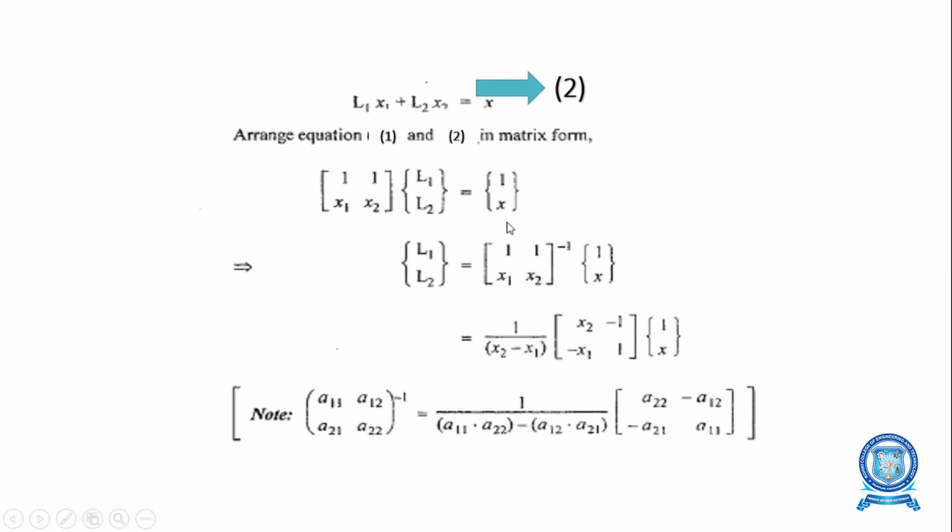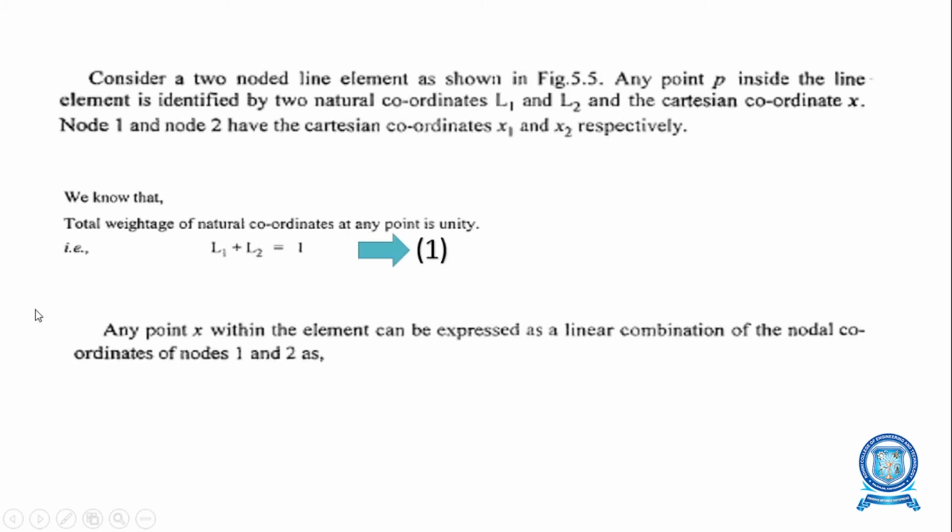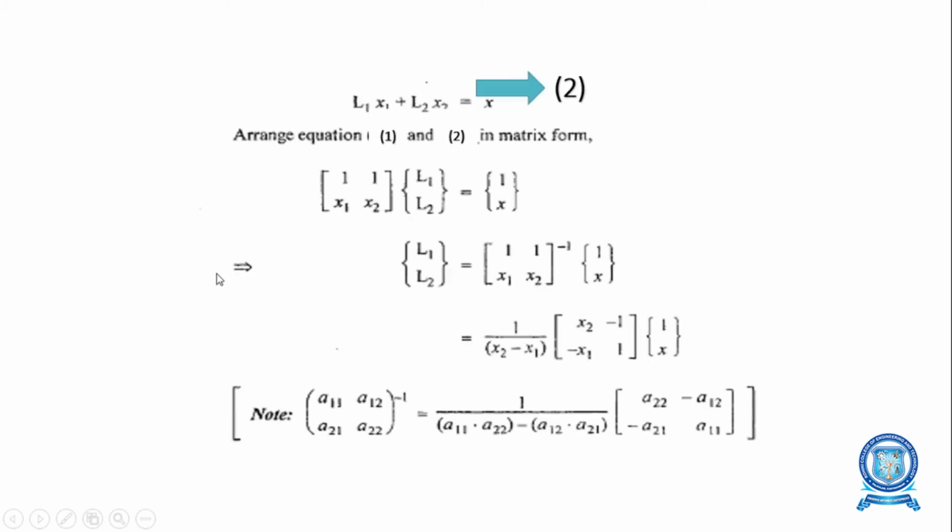We multiply the matrix to get the above two equations. Row into column: L1 plus L2 is equal to 1, this is the first equation. Now the second equation, L1 into x1 plus L2 into x2 is equal to x. By this we arrange these equations in a matrix form.